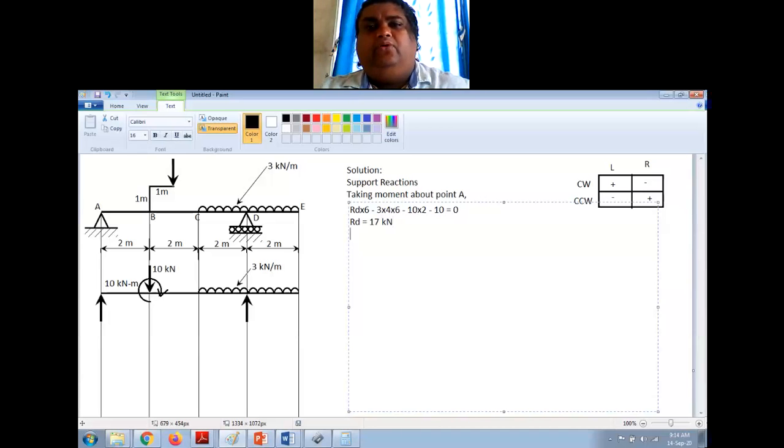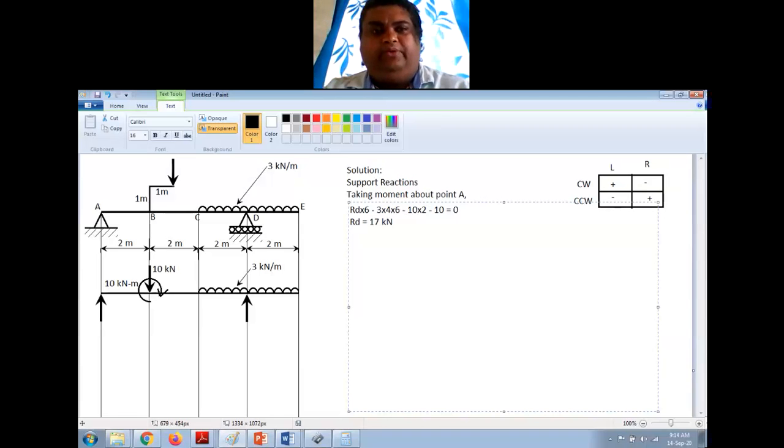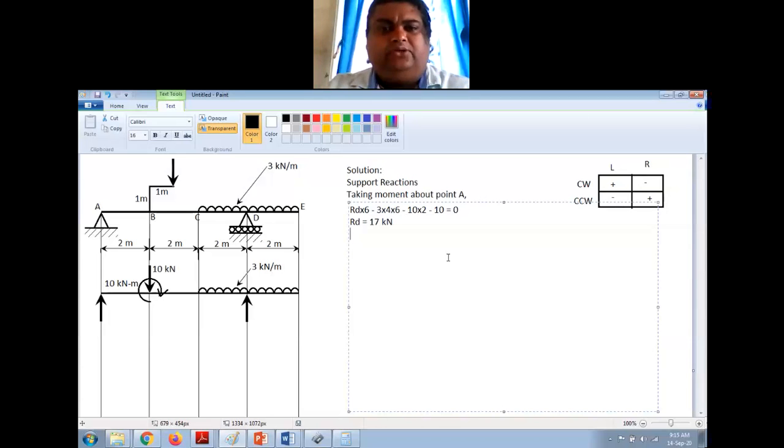Now the sum of all the forces on the beam is equal to 0 for equilibrium. Now I will take upward forces on one side and downward forces on the other, or you can put it like this also. I'll better put it like this: RA plus another upward force at D, so RD, minus all the downward forces.